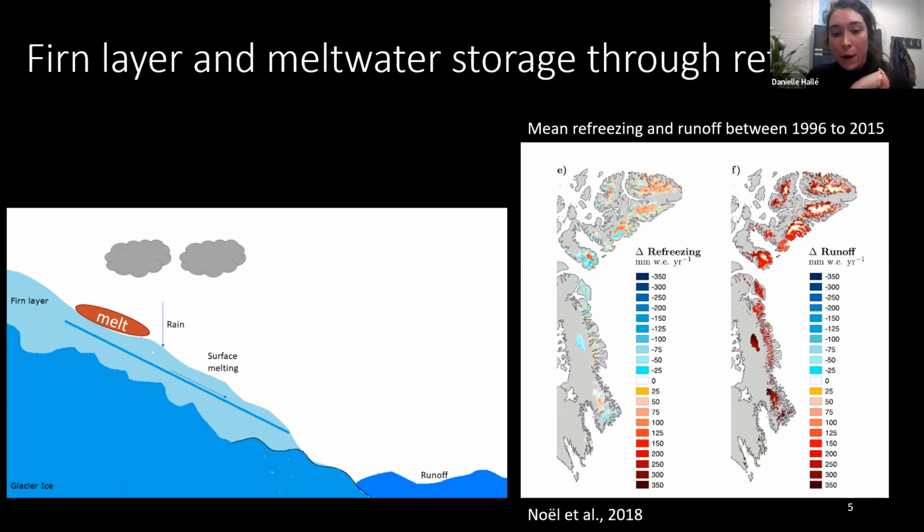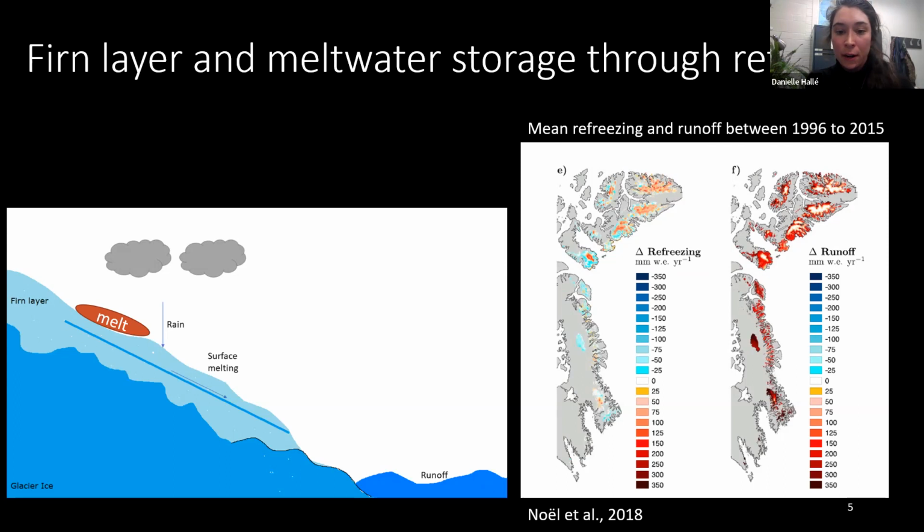And this is a figure from Noël et al. in 2018, where they showed refreezing rates in the Canadian Arctic. So specifically in the Northern Canadian Arctic, refreezing still occurs at higher elevations within the firn layer and is a really important mechanism for mass retention, and is the reason why mass balance has remained near balance up to the 1990s, due to refreezing within the firn layer.